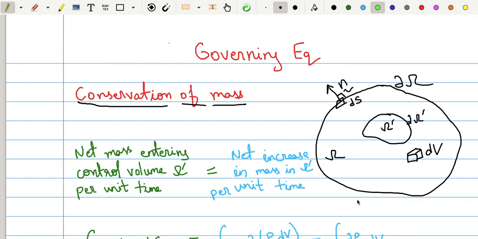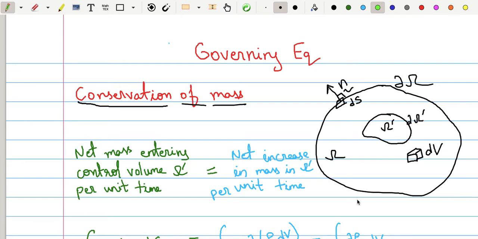See, in the case of solids, stress in the material is a function of strain or deformation. Okay, so in order to solve any solid mechanics problem, we don't have any other option than to track the deformation of the material.